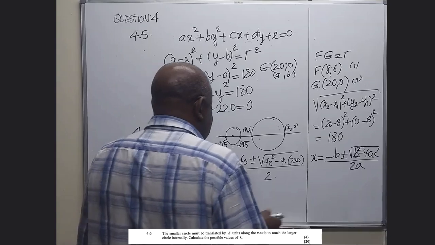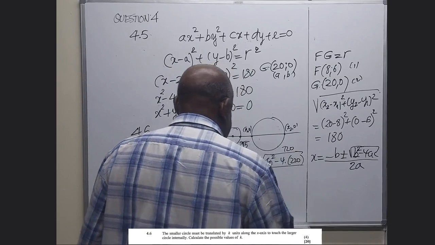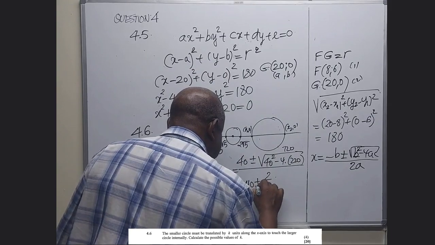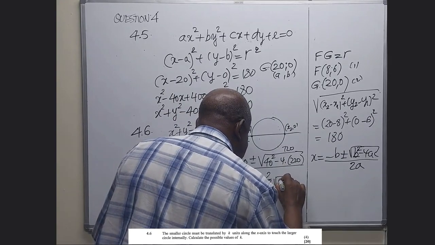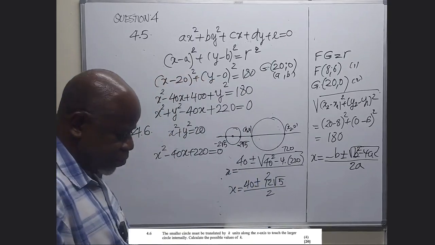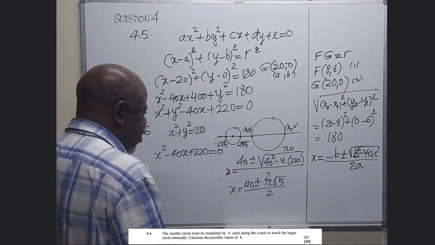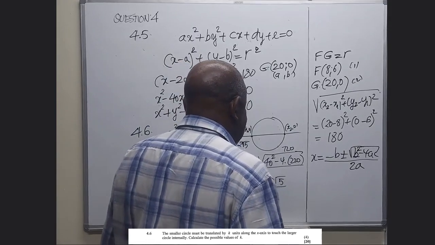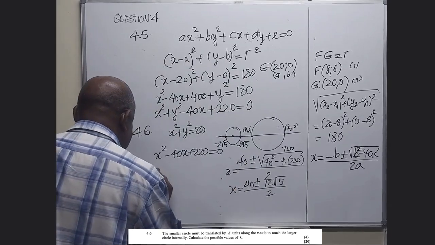So here is 720, the number under the square root. So x is equal to 40 plus or minus 12 square root of 5 over 2. Now, if we divide 40 by 2, we get 20. 12 by 2, we get 6. So these are the values of x. We'll have 2 values.